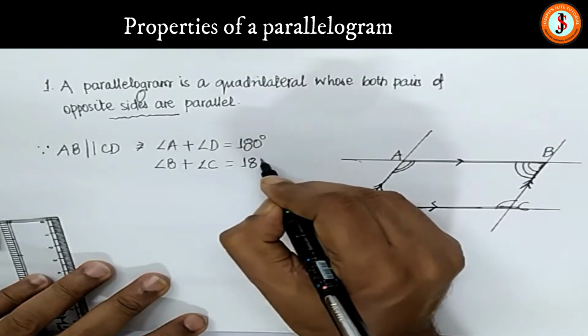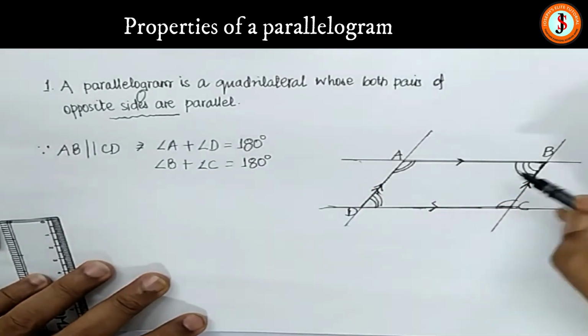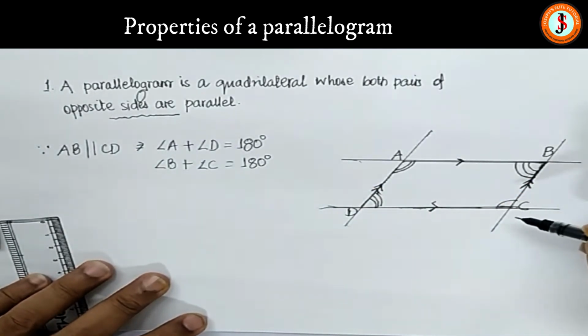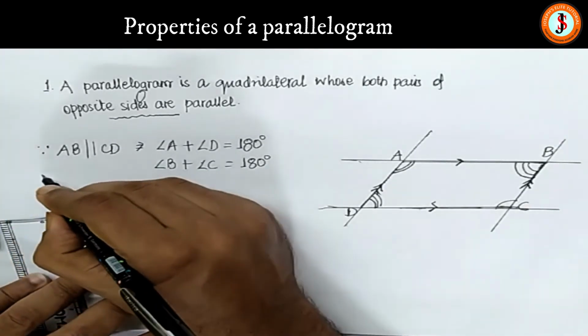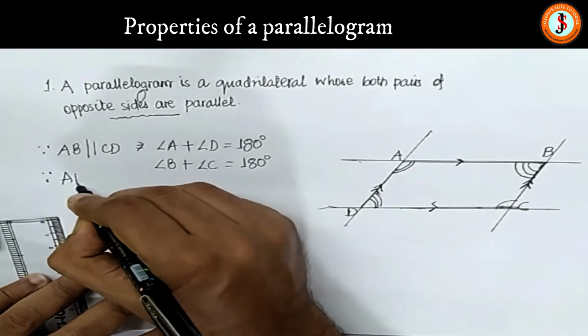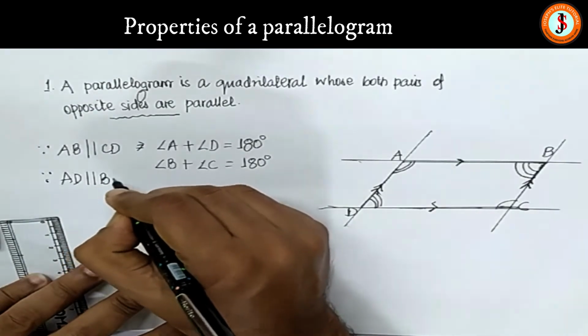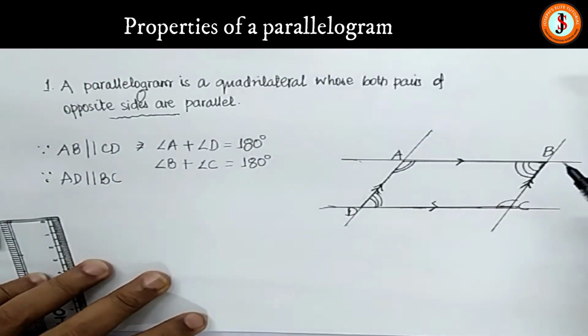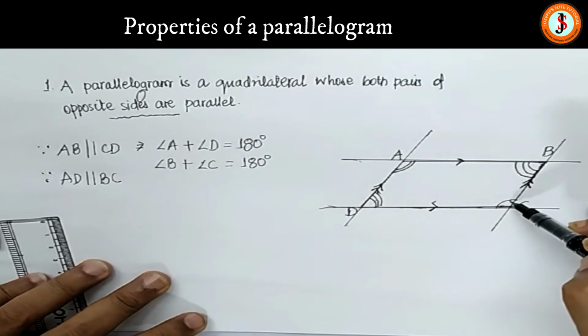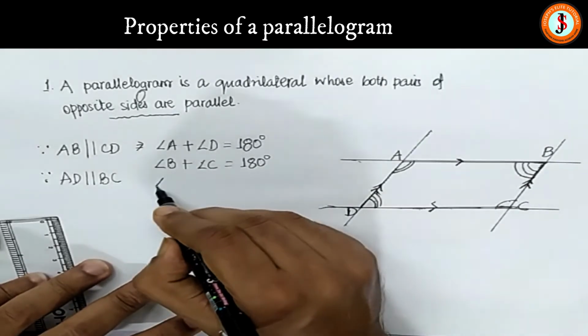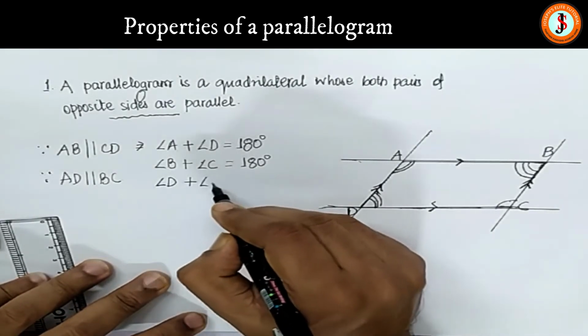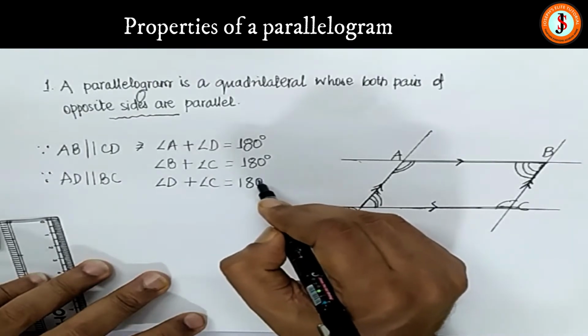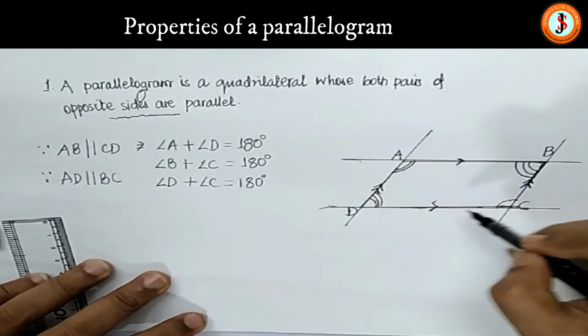But then when you look, AD is parallel to BC, so what we can say is that angle D plus angle C is also 180 degrees. Angle D plus angle C is 180 degrees, as co-interior angles.